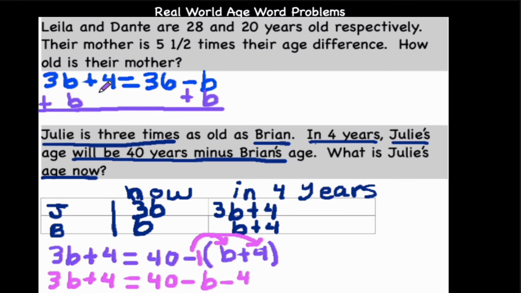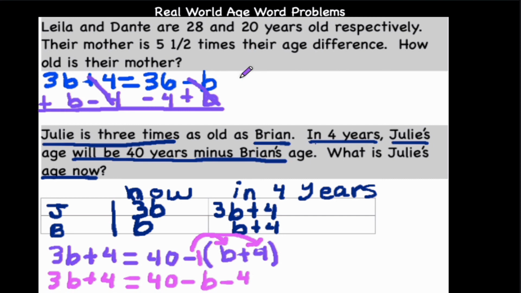Okay, so now we have -b, positive b, which cancels. And let's go ahead and get rid of positive 4 by subtracting 4 from both sides, because that will get b alone. Okay, so here we have positive 4 minus 4, which cancels.